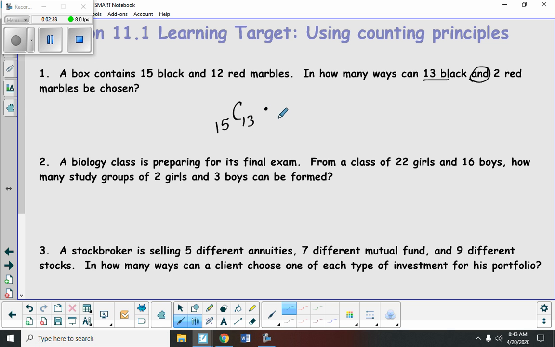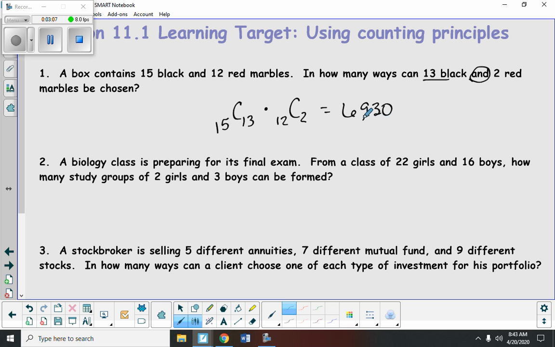Out of 12 red, you're going to choose 2. I'll go ahead and work those out real quick. So 15 choose 13, and then I'm going to hit times 12 choose 2. And that gives me 6,930 ways.